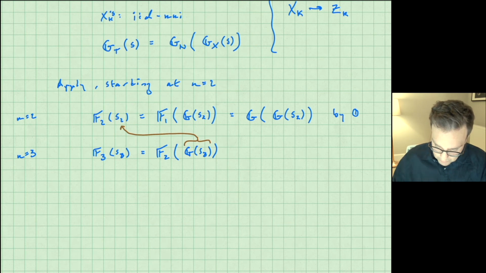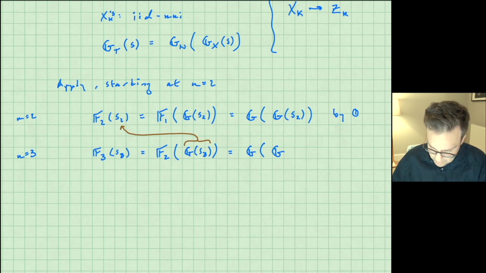And then using this expression over here, what we get is G evaluated at G, and then I'm putting in s sub 2, replacing it with G of s sub 3. Like that.